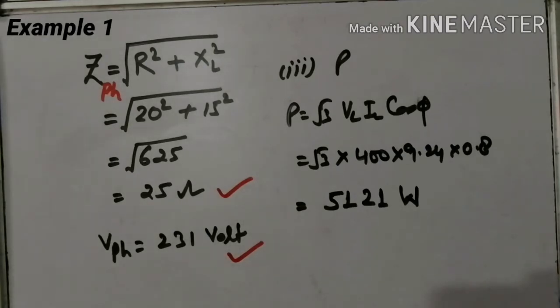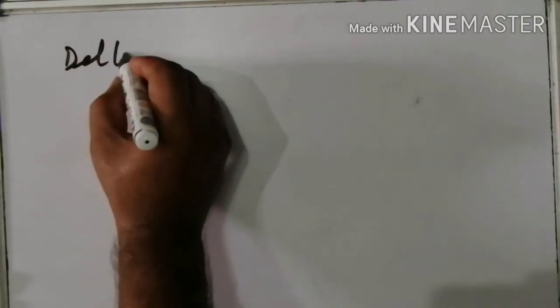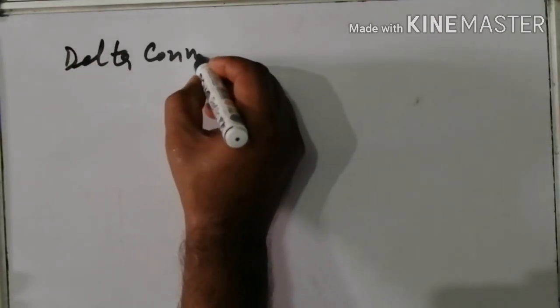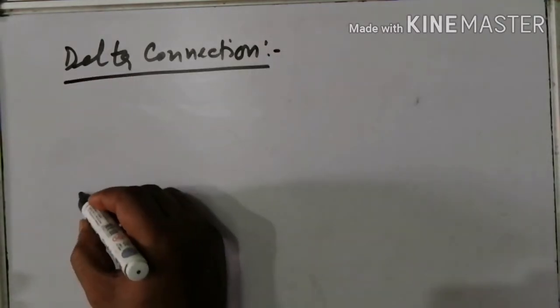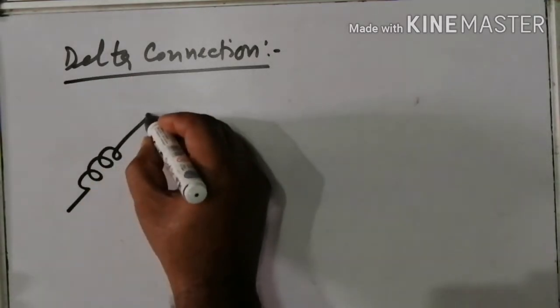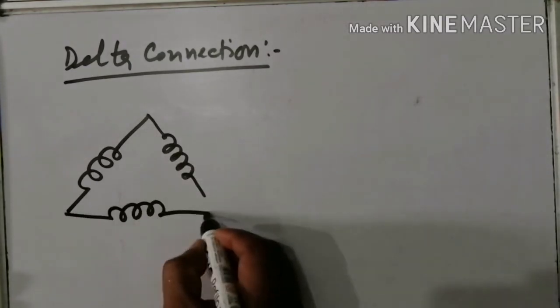Now see the delta connections. This one is the generator winding connected in the form of delta.